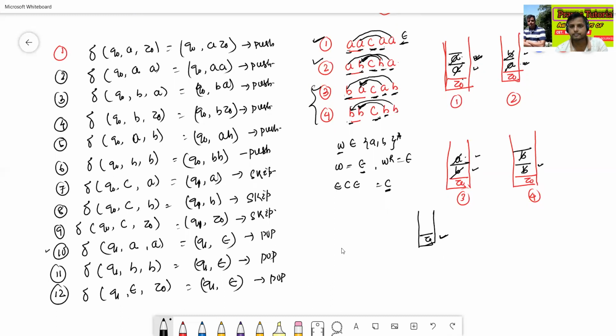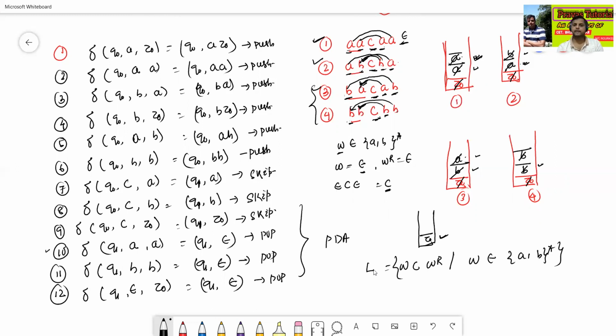Pop Z0. So this is the pushdown automata for language L equals W C W R, such that W belongs to (A, B) whole star.